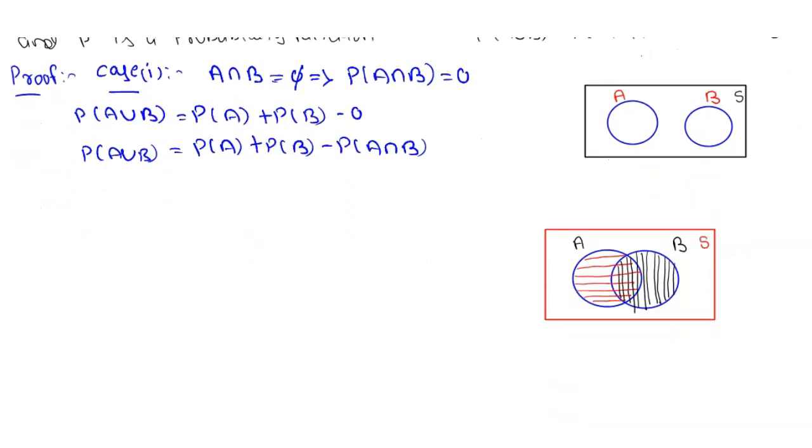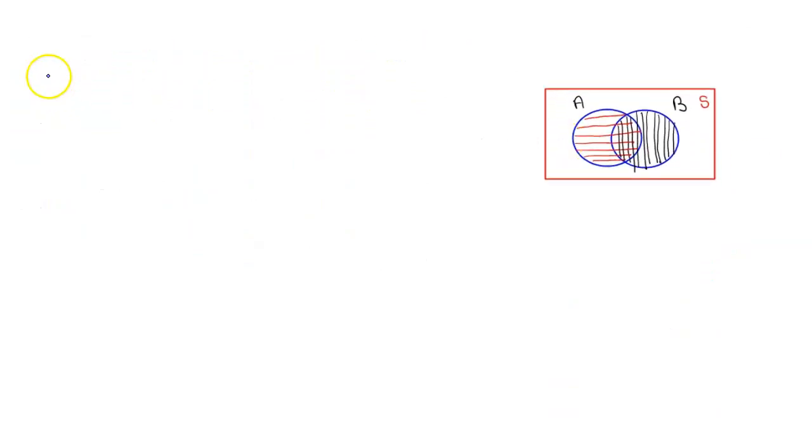So next, case 2. Here case 2 means A intersection B is non-empty. Here the common portion will be there in this figure. So here I am taking A intersection B is non-empty. Now I can write A union B as A union (B minus A).